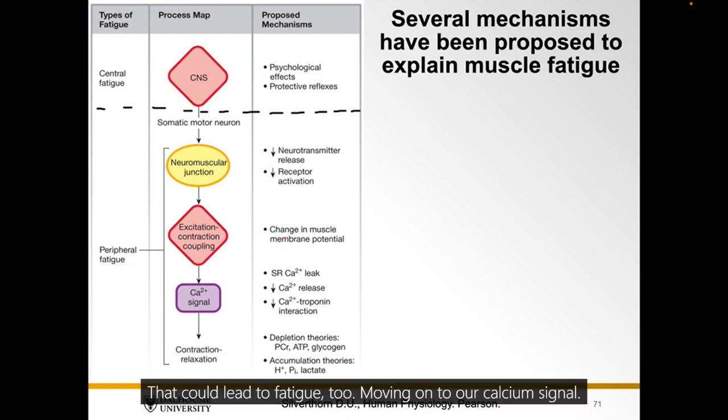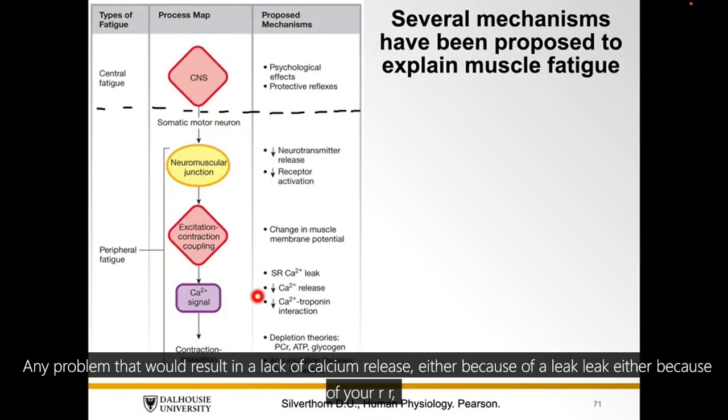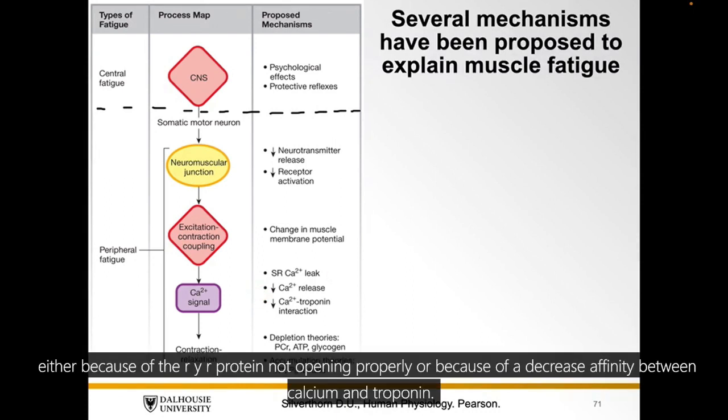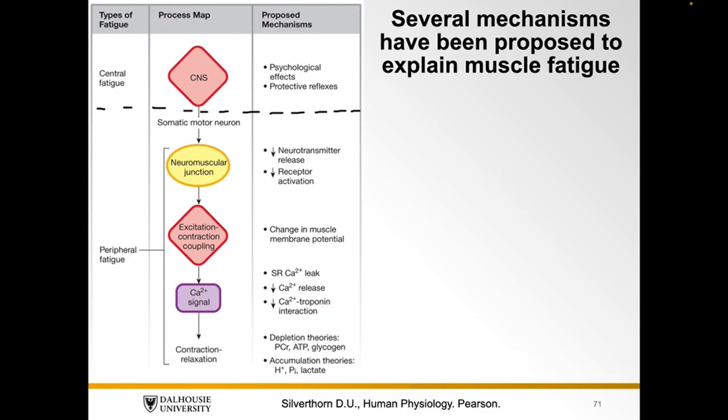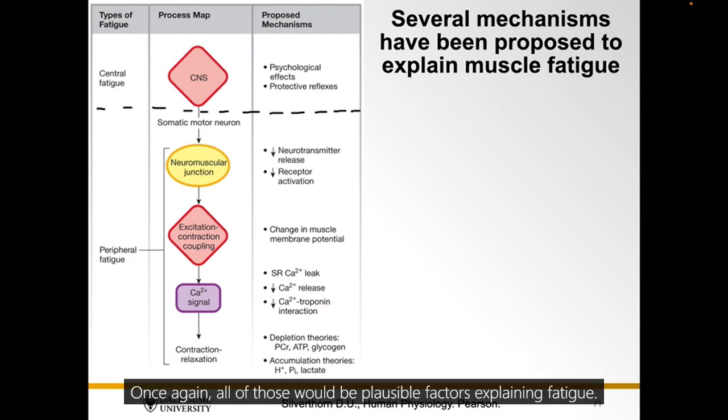That could lead to fatigue too. Moving on to our calcium signal, any problem that would result in a lack of calcium release, either because of a leak, because of the RYR protein not opening properly, or because of a decreased affinity between calcium and troponin, once again, all of those would be plausible factors explaining fatigue.